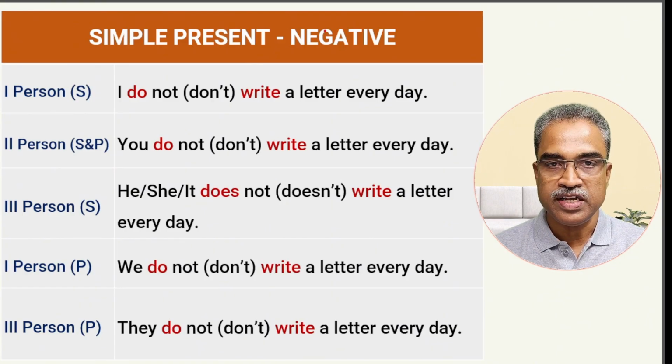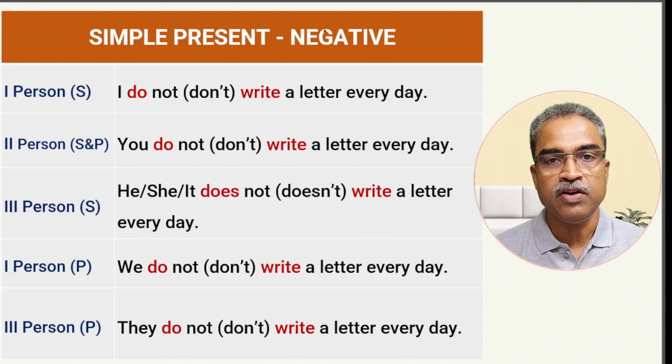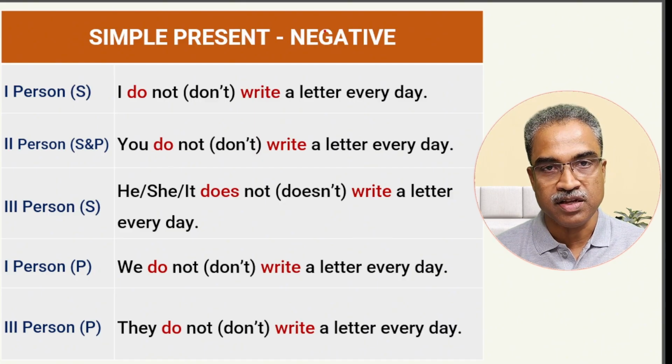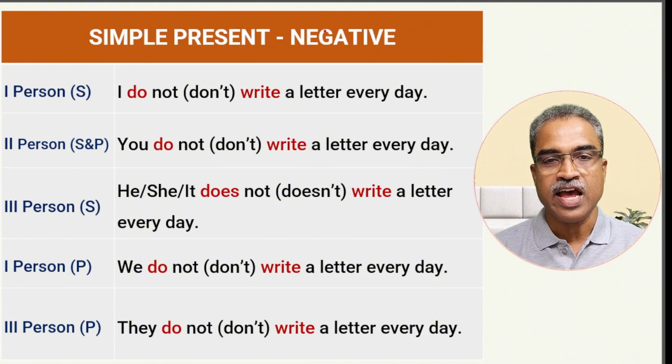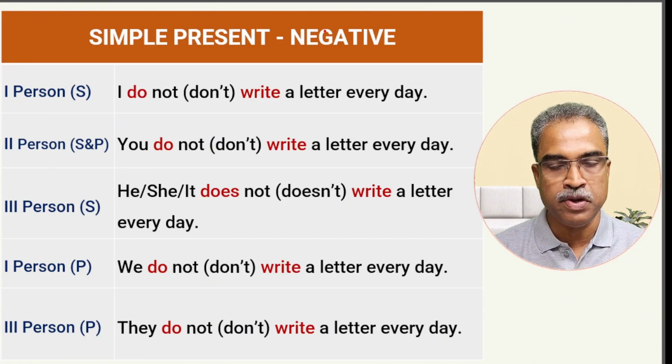The next word is write. So first we saw in the affirmative, he, she, it writes a letter. Now we cannot use writes in the negative. Why? Because we have taken that S from writes and added it to do, and it already became does. So you cannot use that S again. That S is already removed from the main verb write.